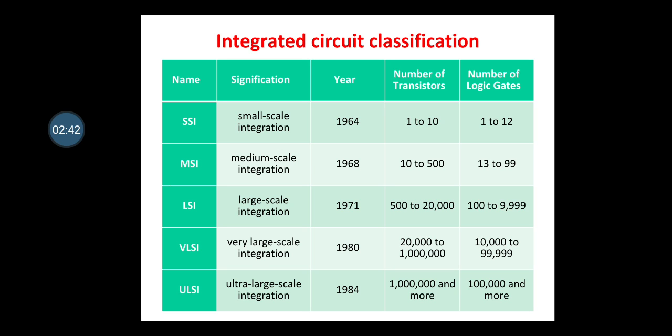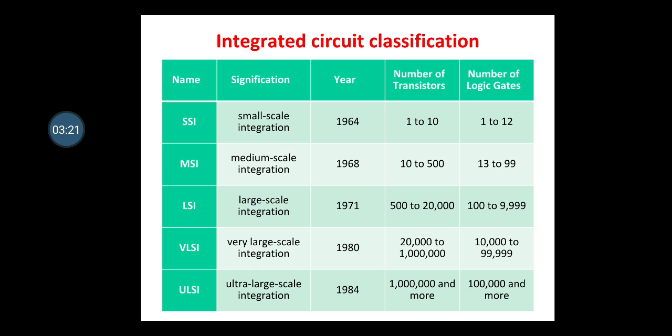So total number of transistors can be from 500 to 20,000, and the number of gates that can be fabricated is from 100 to 10,000. Then comes VLSI, very large scale integration. Here we have to emphasize that the number of transistors which can be fabricated inside the IC is 20,000 to 1 lakh, and the total number of logic gates can be 10,000 to 100,000, that is 99,999.